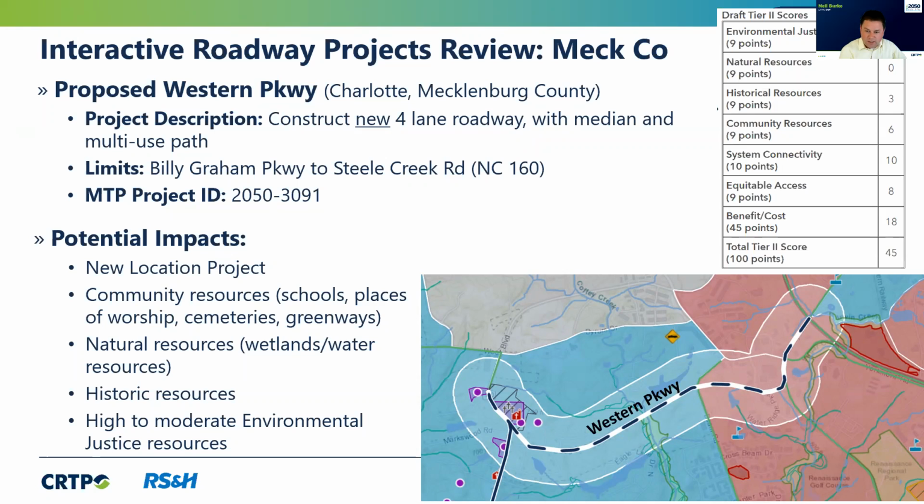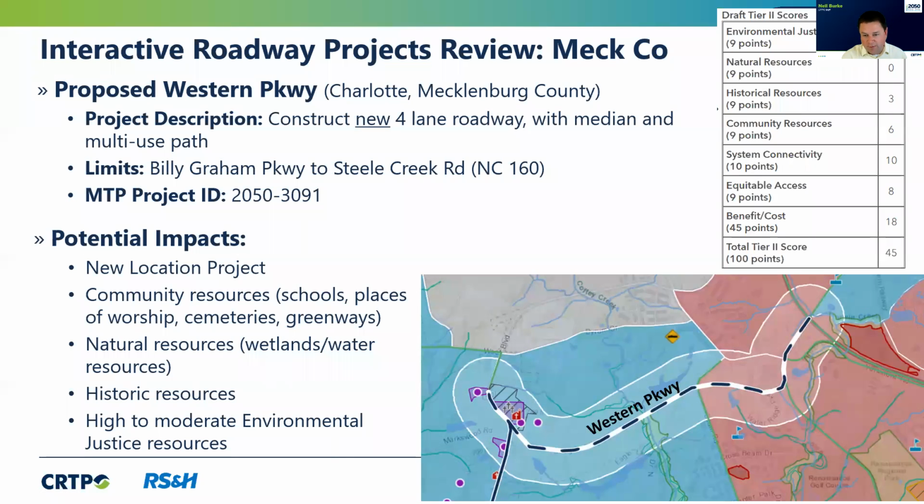So the NC 160 project, even though it's been delayed, and I know it's needed down in that area of Mecklenburg County, that's kind of a separate project. But to get to your real question, the connectivity measure within Tier 2 system connectivity addresses those connections on new locations. So generally, if you're submitting a project like this and it meets the connectivity requirements, it'll get some extra points.